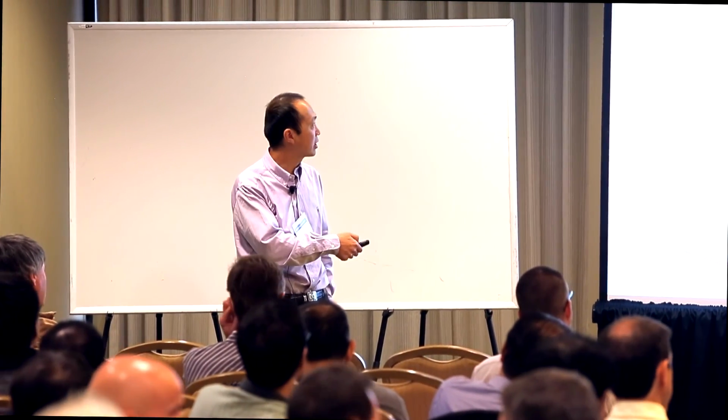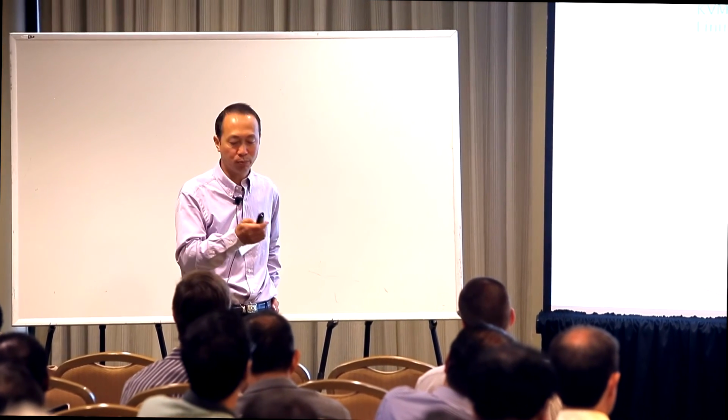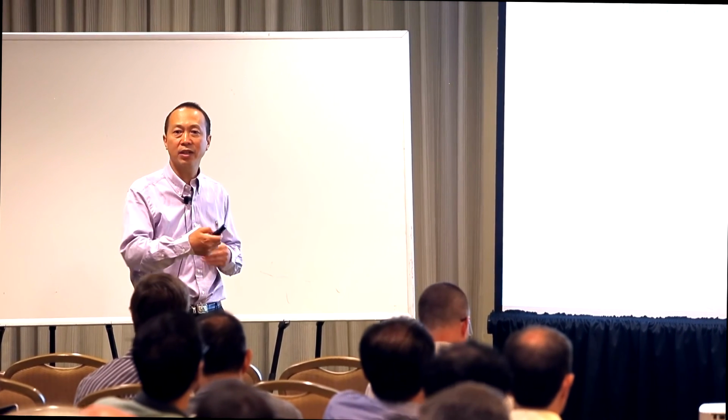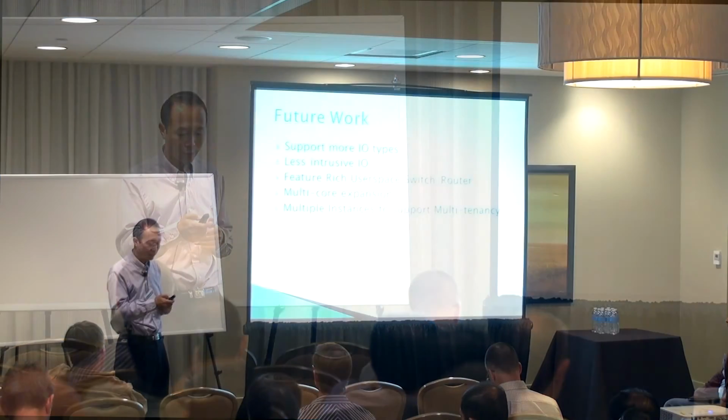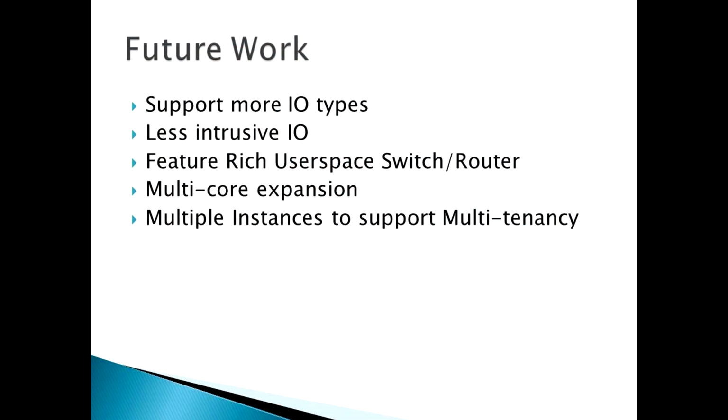Today, those kind of user space virtual router, virtual switch provide more network functions. That's what I was mentioning. The DPDK OVS provides this kind of direction as well. It just needs more work down the road. We mentioned here, need to support more I/O types, basically more physical I/O as well as virtual I/O types, and also less intrusive I/O.